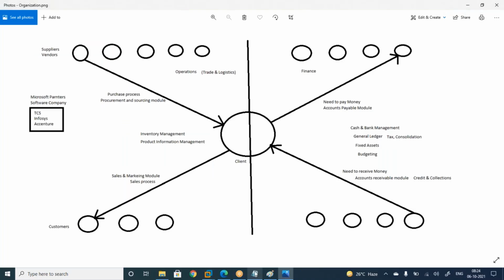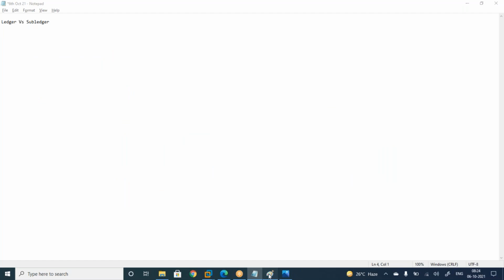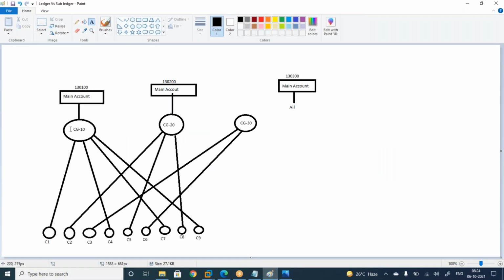Okay, now here we have discussed group level mapping and all. If group level mapping is skipped, if it was not mapped, then it will go for all. We have another option.